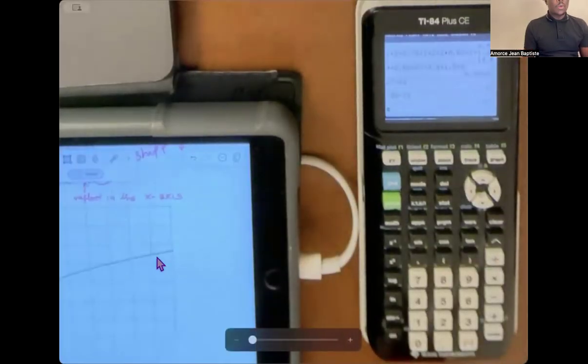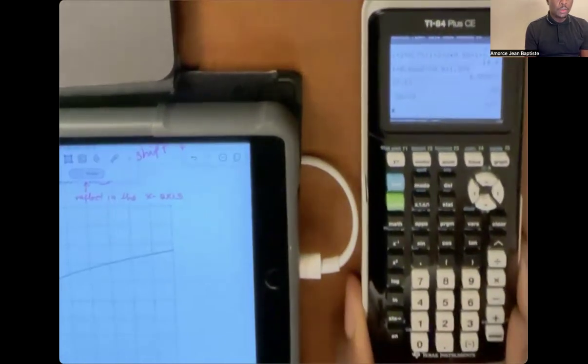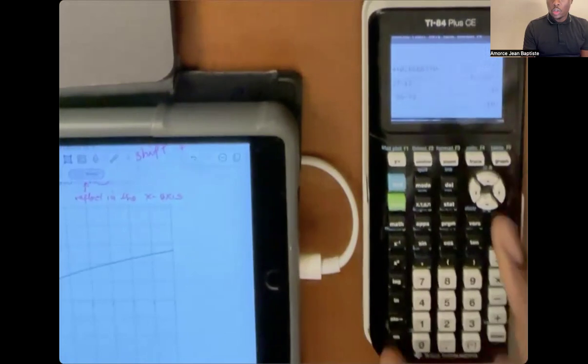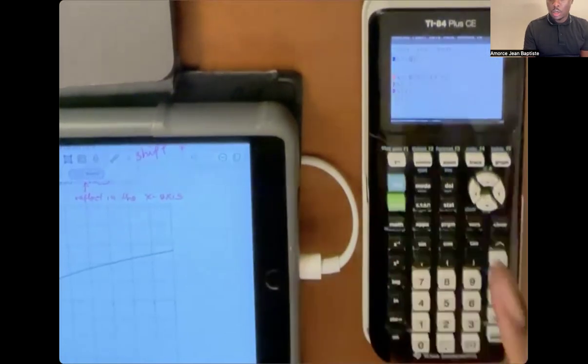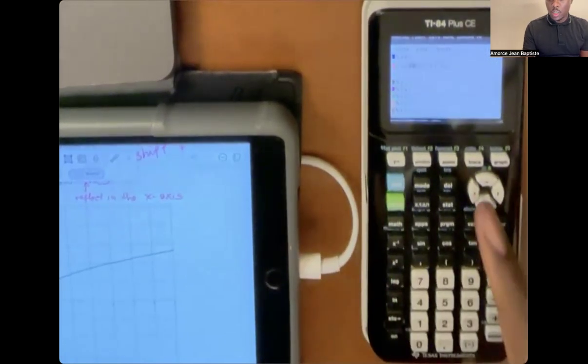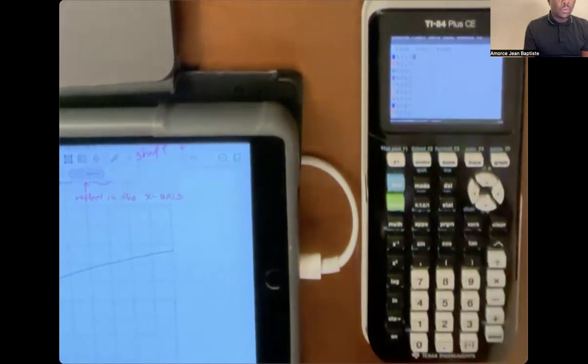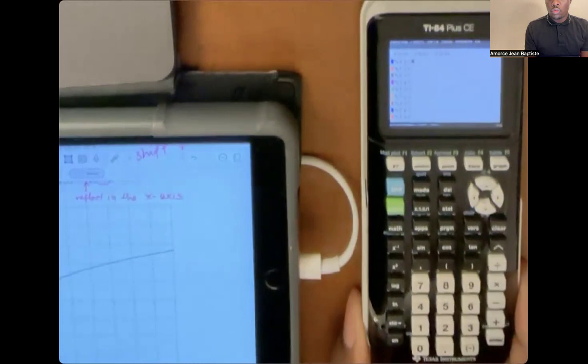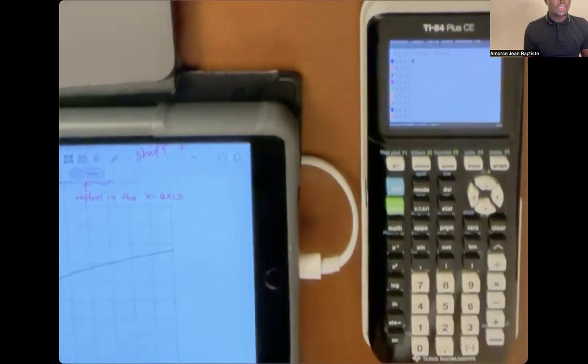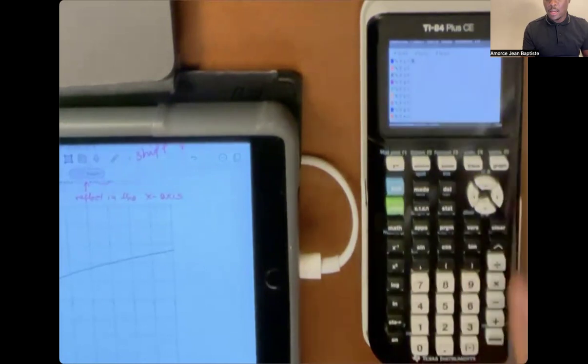Okay, so now we have the graphing calculator right here. We're going to clear, making sure everything is cleared because we don't want anything that we don't want to show being graphed on the calculator. So I have my calculator well cleared.